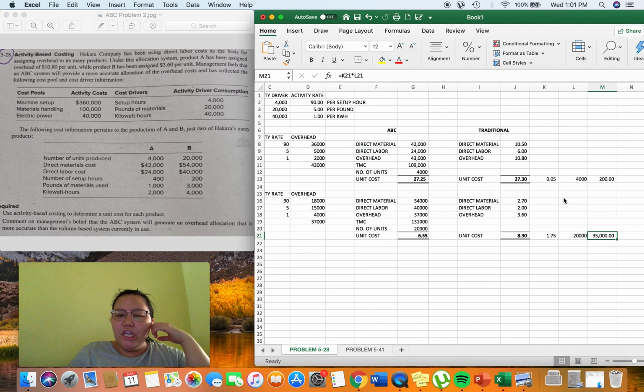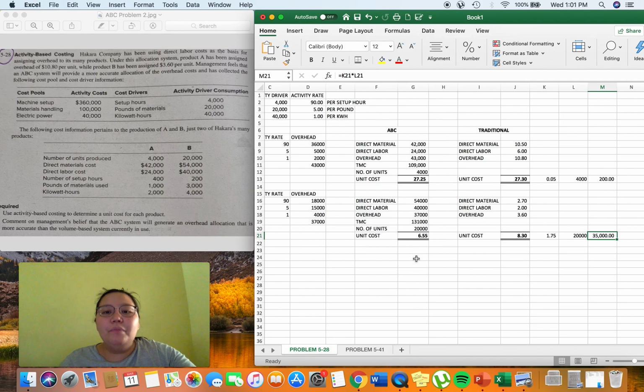However, if the number of units sold for product B continues to increase, and we continue using the traditional costing unit cost in setting the selling price of our products, diba? Our selling price will be higher than the selling price under activity-based costing.